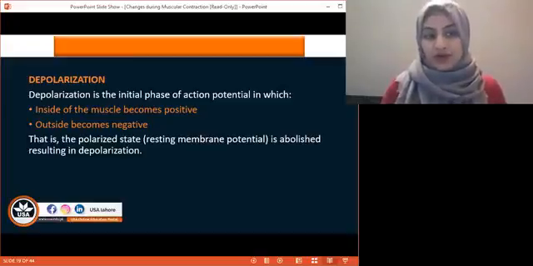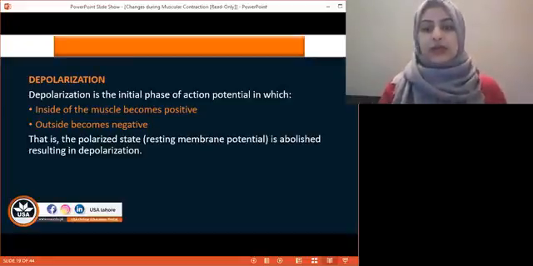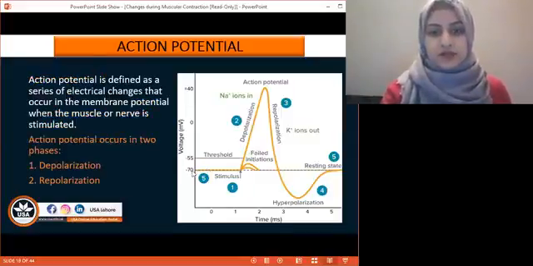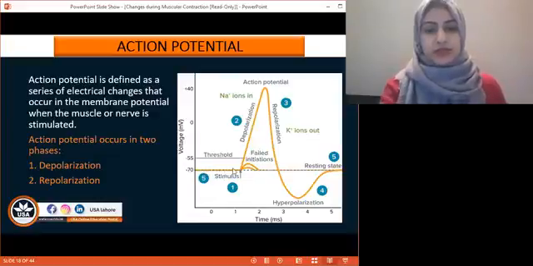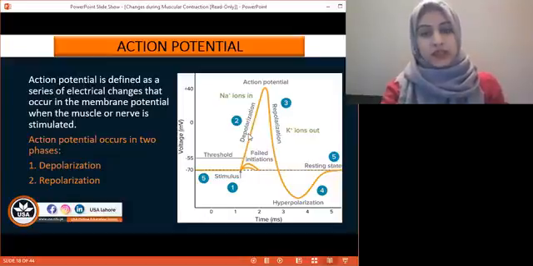The inside becomes positive and the outside becomes negative. So the polarized state of the muscle is abolished, and this results in depolarization. You can see this: this is minus 70 millivolts, the resting membrane potential. When the stimulus is given to the muscle, it depolarizes the muscle, thus changing the electrical state of the cell.